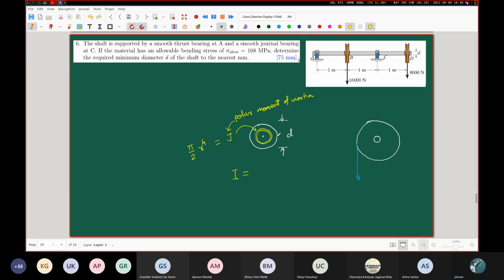But we can very quickly remember what we learned during the perpendicular axis theorem. We are interested actually in this I for this kind of an axis. But because of the nice axis symmetry of the situation, it really does not matter whether you take this axis or this axis or this axis.